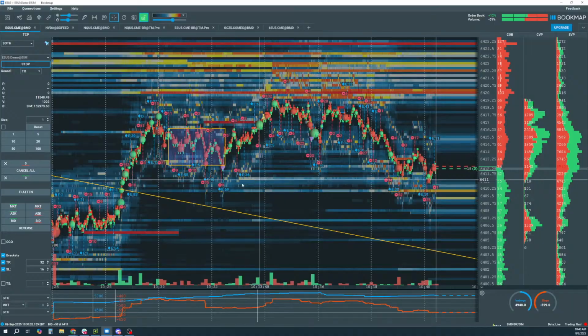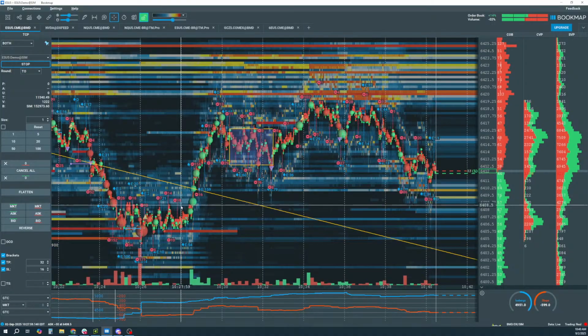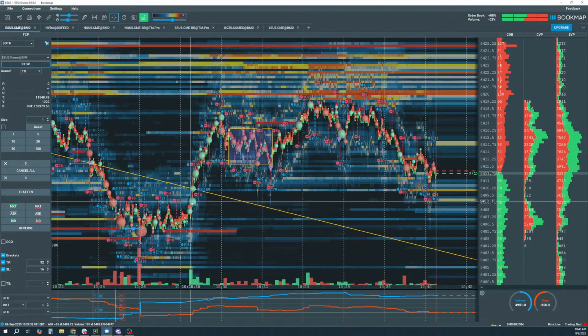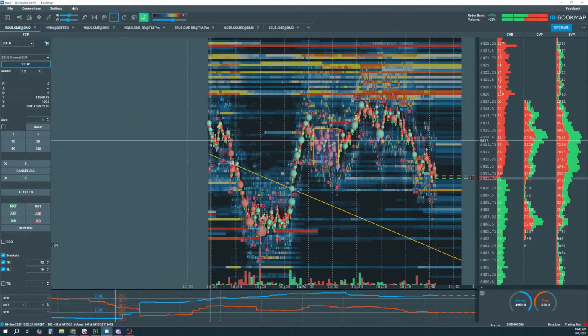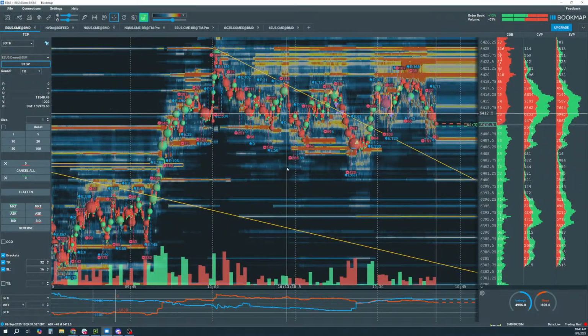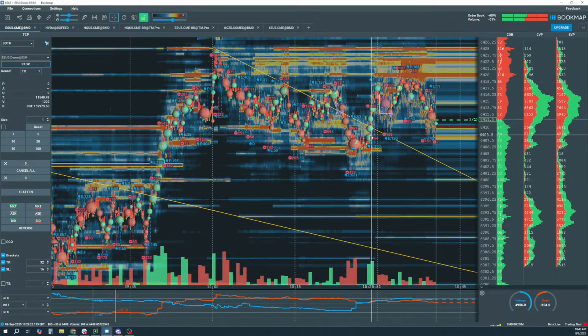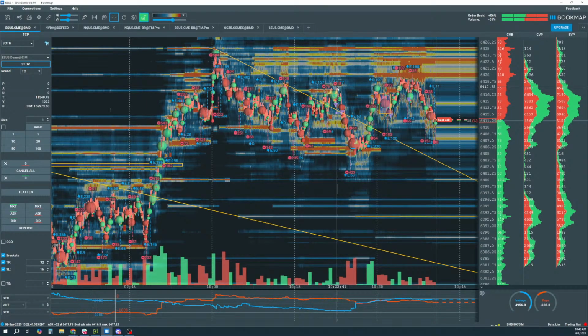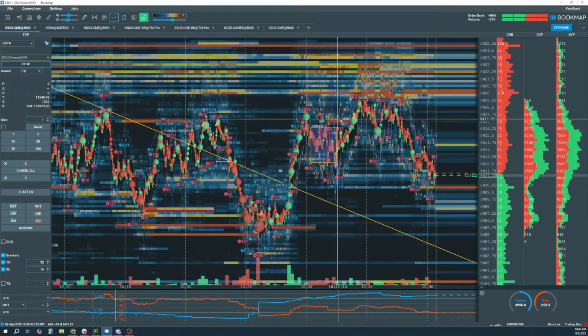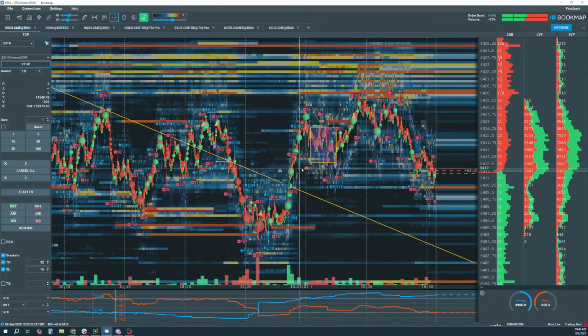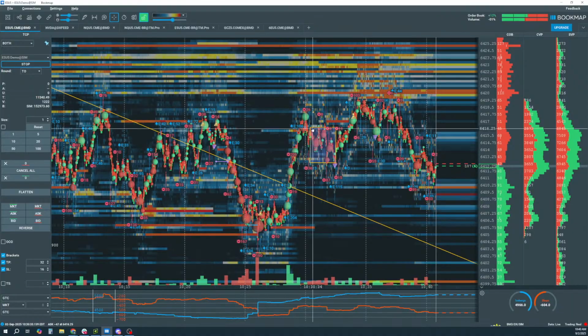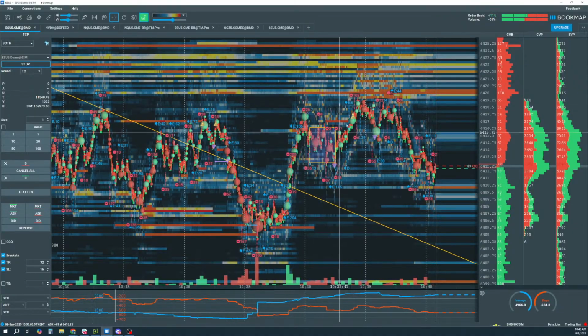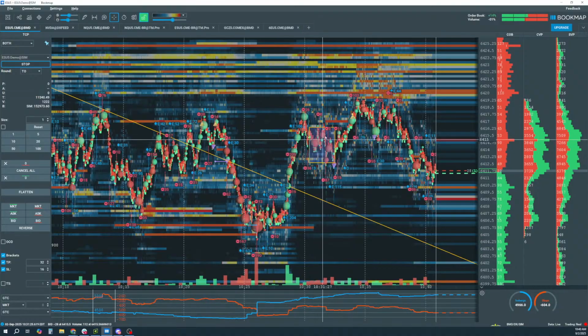All right, so this is where those buyers came in here on this small move up. And it just came up to the top of the range here. I was maybe a little too greedy on that, but I was really looking for that squeeze and for this to kind of go exponential after seeing these sellers here.